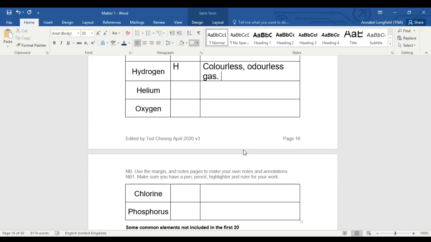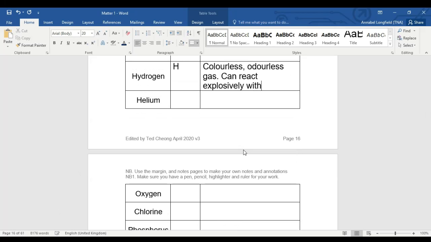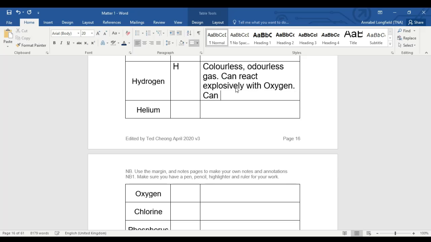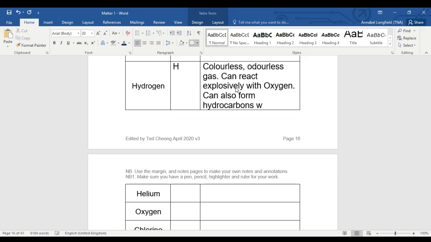And it can react explosively with oxygen. I'm going to put that as a big. It can also form hydrocarbons, carbon.